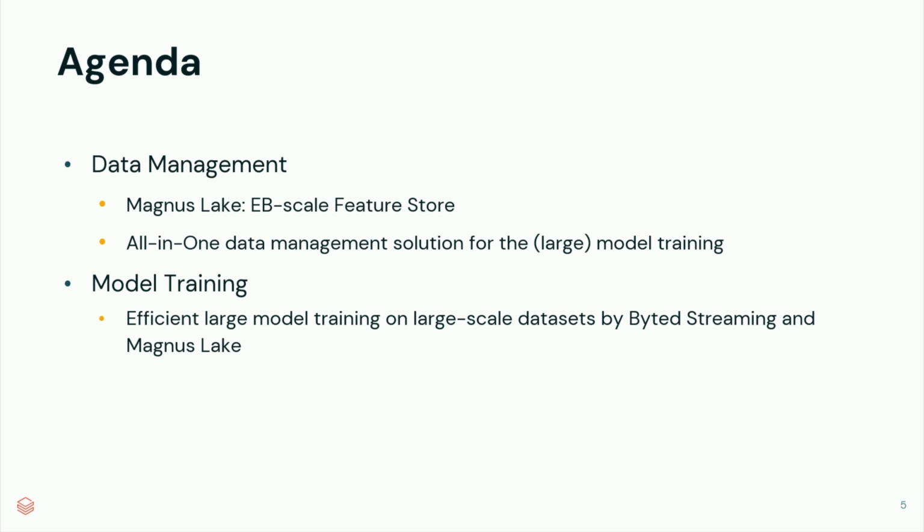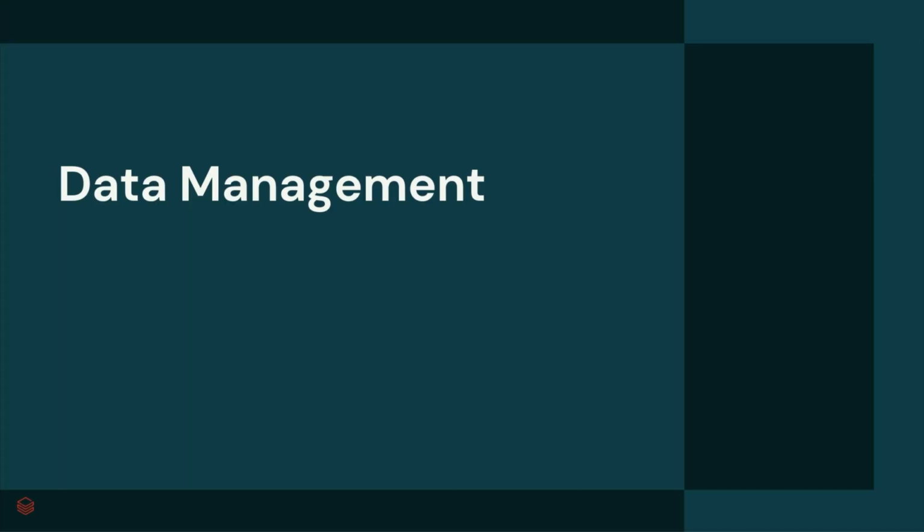And for the training section, I will introduce how we supported efficient large model training on large-scale datasets based on ByteDance Streaming and the Max Lake. ByteDance Streaming is also our internal version of Mosaic Streaming with a lot of optimizations. So let's go to the data management.